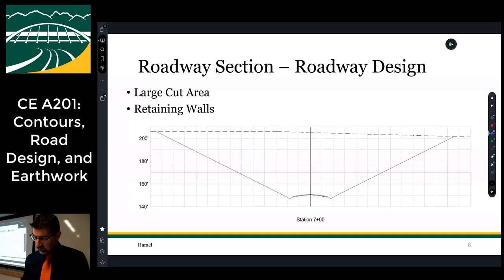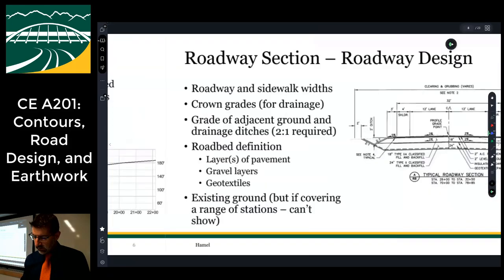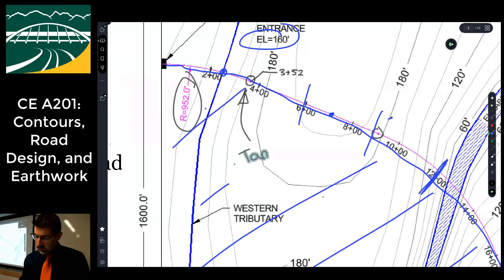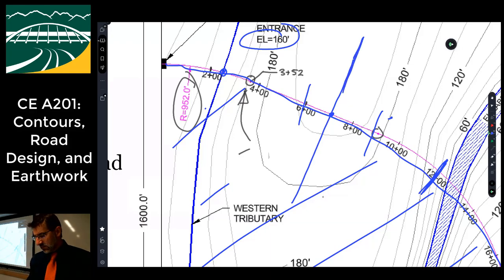And so here is station 7. So if we go back here and look at where station 700 occurs, that's right here, right? And if I were to stand looking up station, I'm going to stand here and look to the right. Then my ground is sort of falling off to the right, right?